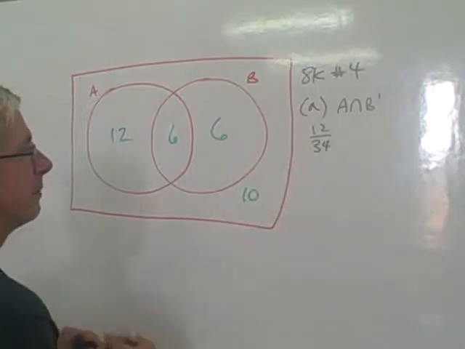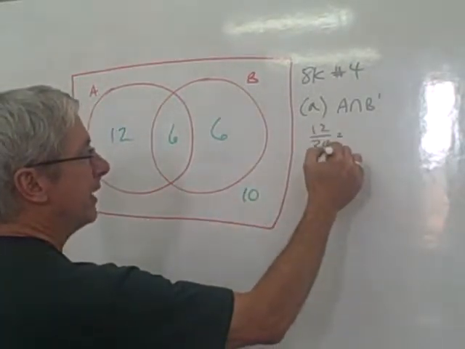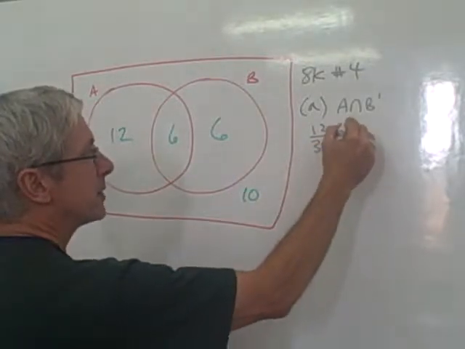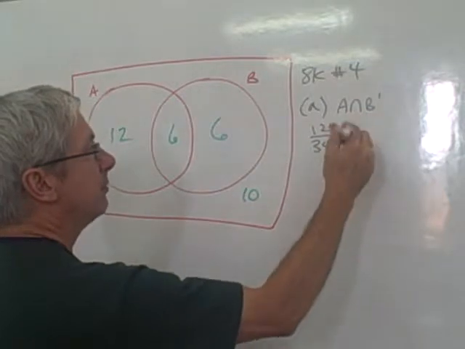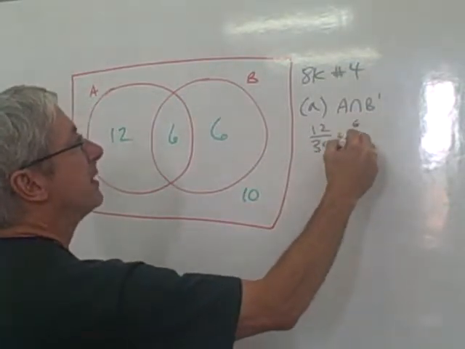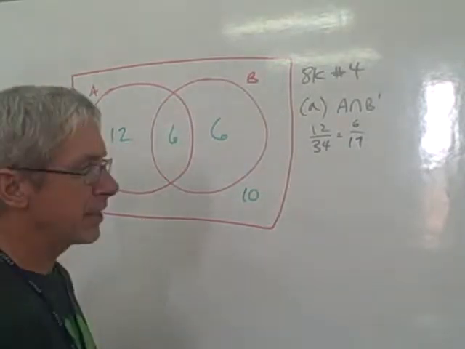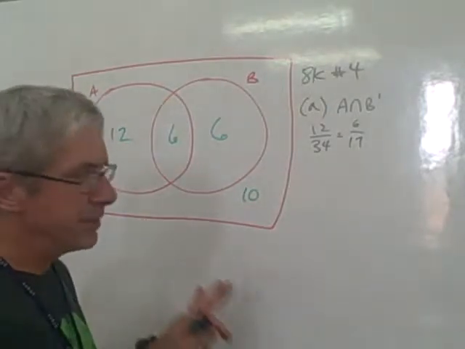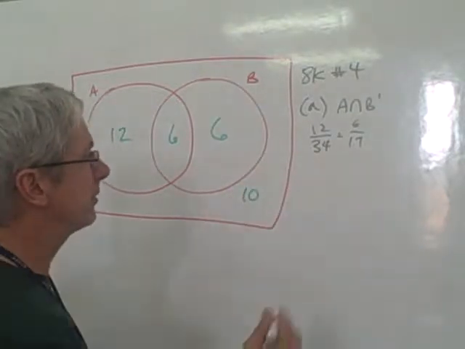Now that number can be reduced because its top and bottom are both even, and actually they're both divisible by 2. We go 6 and 17. There we go. That's lowest terms. You should always reduce your fractions to lowest terms. Don't put them in as a decimal, especially a fraction like this, because the decimal will be very messy looking.